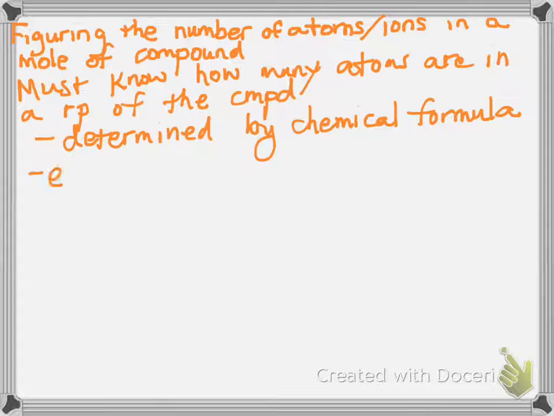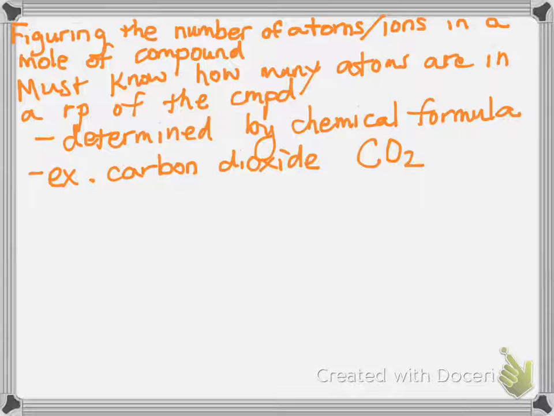So, to look at an example of this, if we're talking about carbon dioxide, that's a molecular compound because it's 2 nonmetals, and my prefixes become subscripts. There is no prefix on carbon, which means there's only one, so my formula would be CO2.